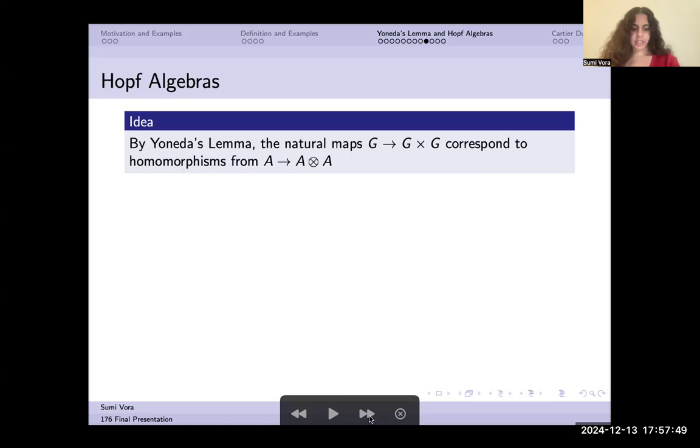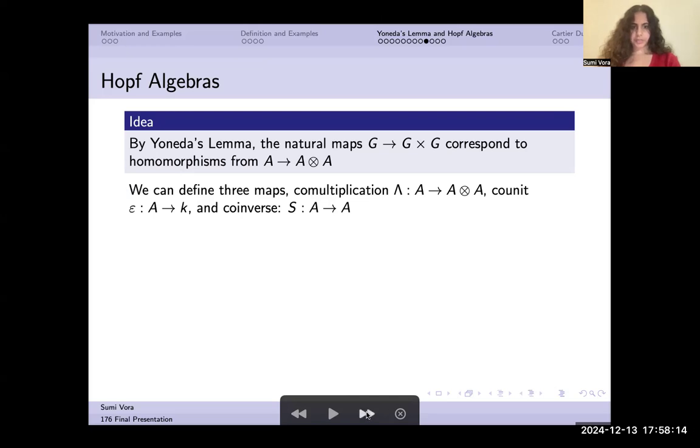So the multiplication is going to correspond to homomorphisms from A to A times A. And now we're going to look at what multiplication, identity, and inverse in G look like, using Yoneda's lemma to define comultiplication, counit, and coinverse, which is what we're going to call those operations in A.